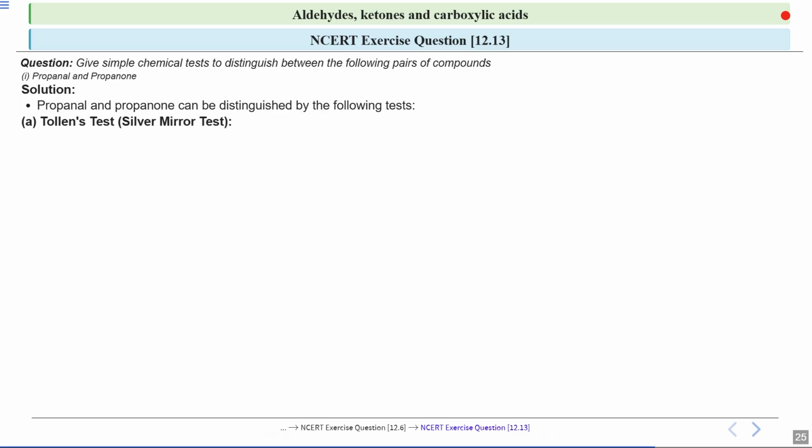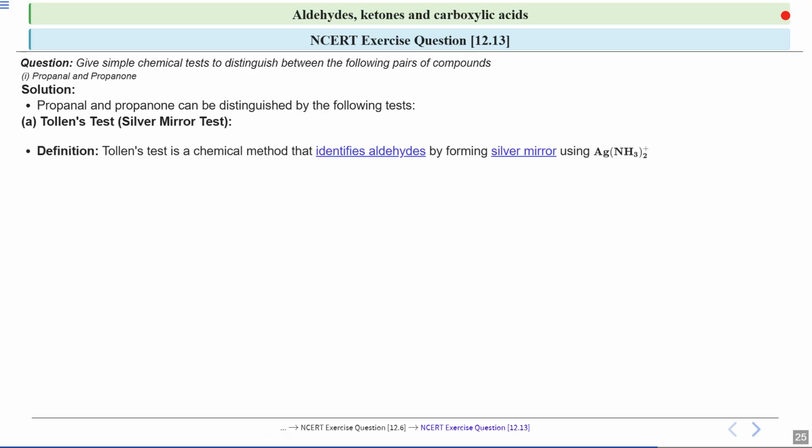One of the most important tests for aldehydes is the Tollens test, which is also called the silver mirror test. This test is very specific for aldehydes, and does not work for most ketones. The Tollens test uses a special reagent that contains silver ions.